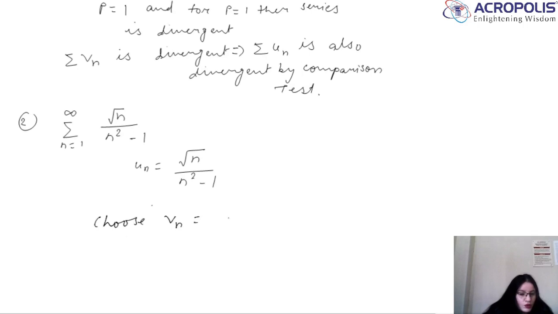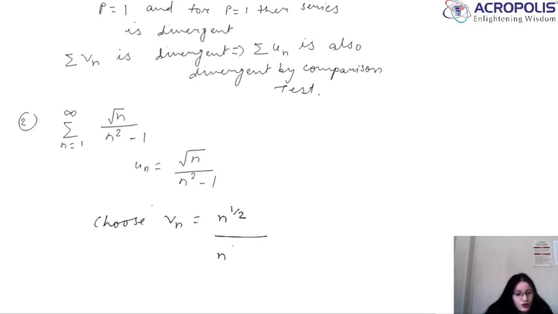Here, choose Vn equal to n to the power highest power of n in the numerator of Un, which is 1 by 2, and in the denominator n to the power highest power of the denominator of Un.